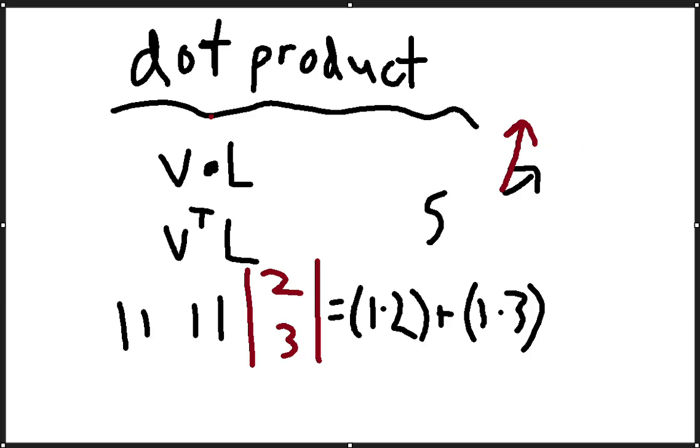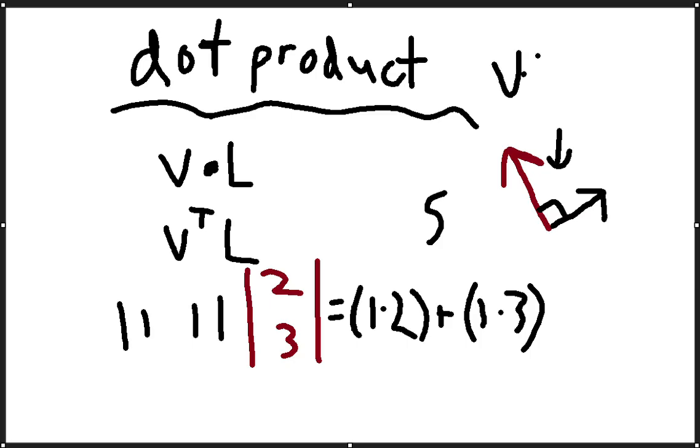For example, if they were at 90 degrees, like if vector L looked a little bit like this and vector v looked a little bit like this, so that we have right angles, then v dot L would just be equal to 0, because they're pointed the wrong ways. They're perpendicular.